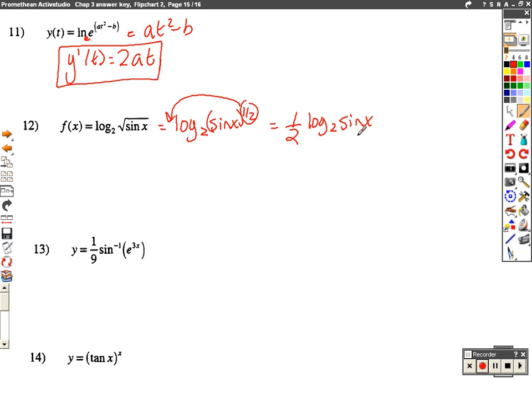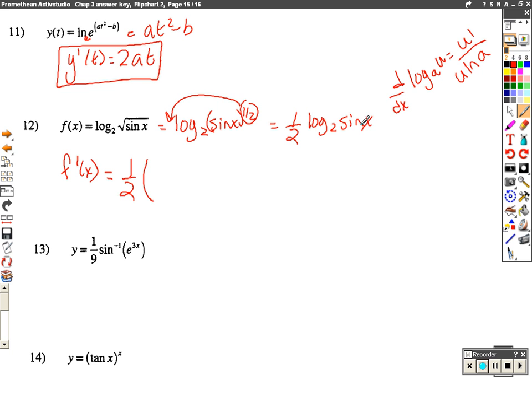Alright, taking the derivative of this equation, and what we're using here is d dx of log in base a of u is u prime over u ln of a. So we have that extra 1/2 up front times the derivative of log in base 2 of sine x.